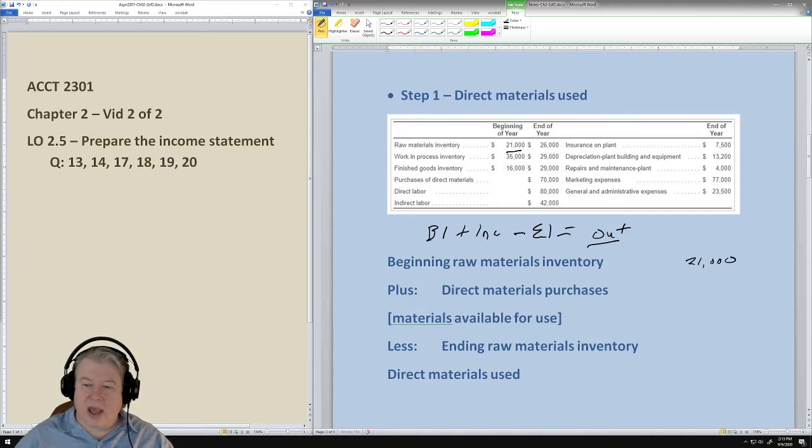And if we put the letters here, this is the beginning inventory. This is the purchases, or this is the incoming. So plus purchases minus ending inventory equals our cost of goods sold, our direct materials used, or the outgoing item.